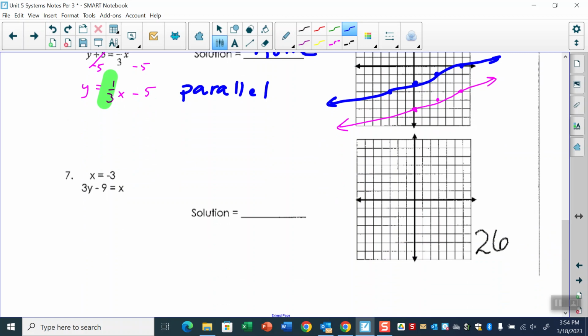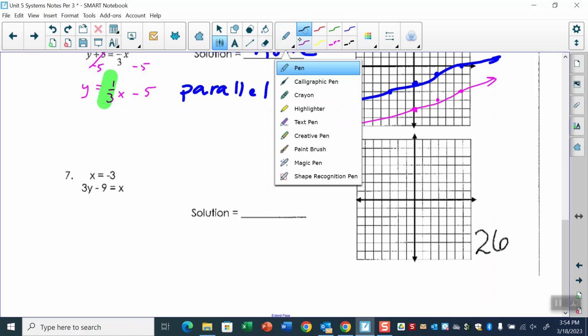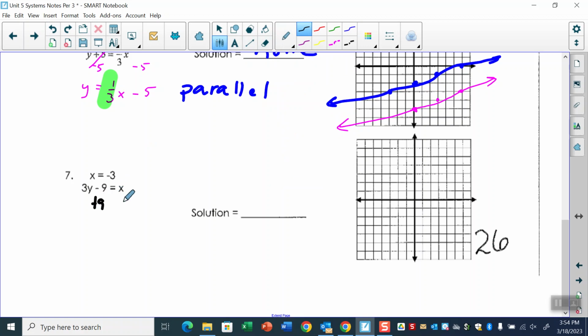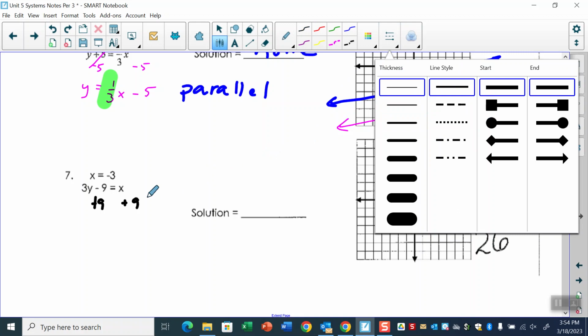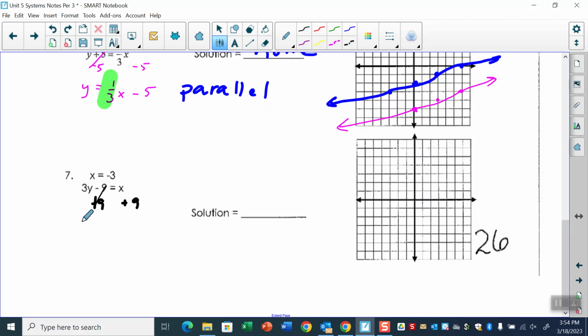Alrighty, so let's see. And then if you have this guy, we want y by itself to graph this. So I will get that y by itself by adding 9 to both sides. So that goes away, and I get 3y equals x plus 9.